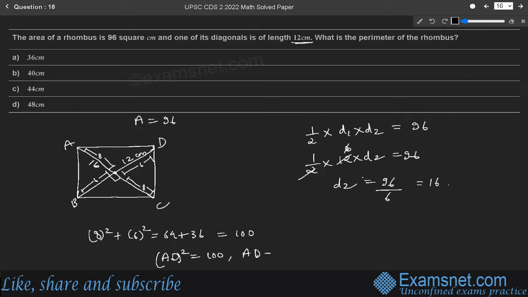So AD will be equal to 10. Now we have the side of the rhombus, which is 10, and we know that every side of a rhombus is equal. So every side is 10. Now we have to find the perimeter of the rhombus. Perimeter of a rhombus means the sum of all the sides. So the sum of all the sides is 10 plus 10 plus 10 plus 10, which is 40 centimeter. I hope this question is clear to you.